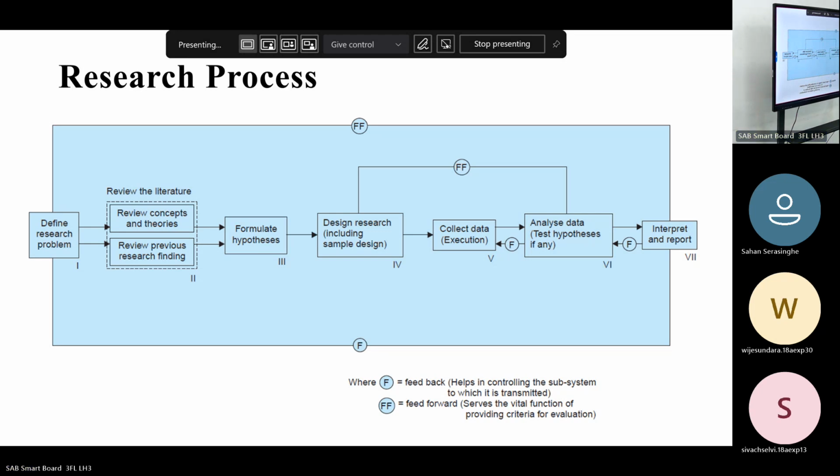Stata. NVivo, capital N, V-I-V-O, that's qualitative software. You have the chance to analyze qualitative data through NVivo.